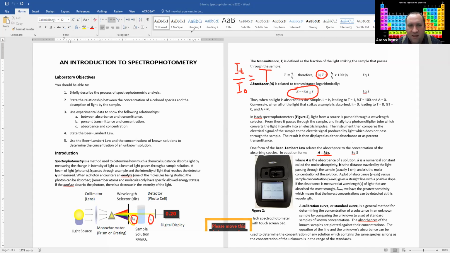So Beer's Law sets up for us an equation. Absorbance is equal to K, which is something that we call the molar absorptivity.